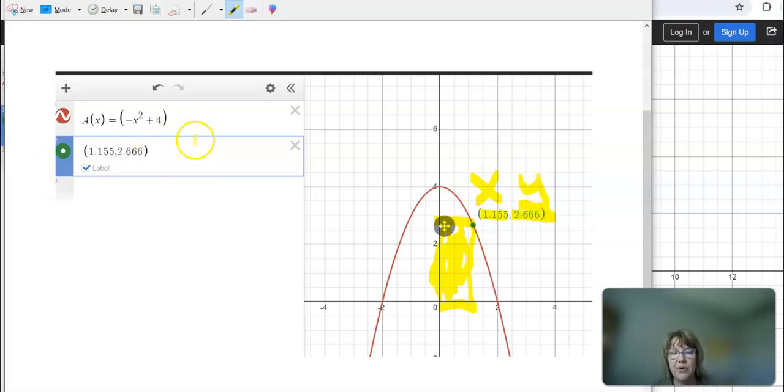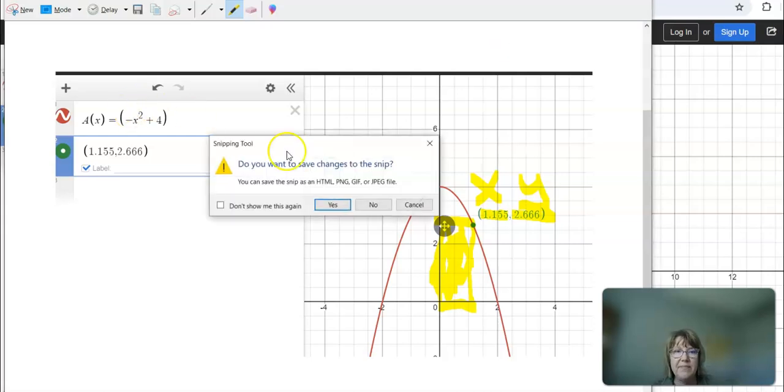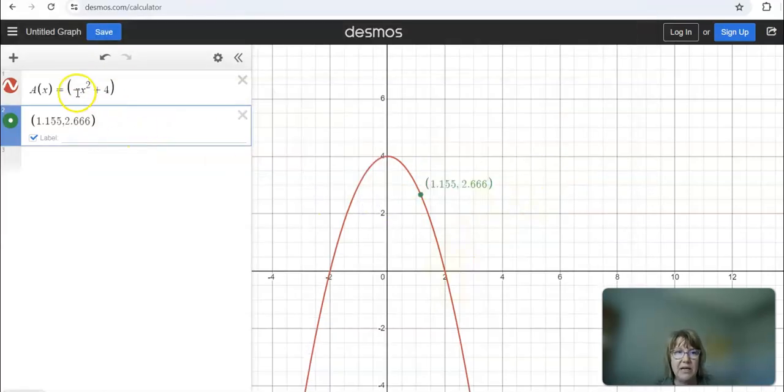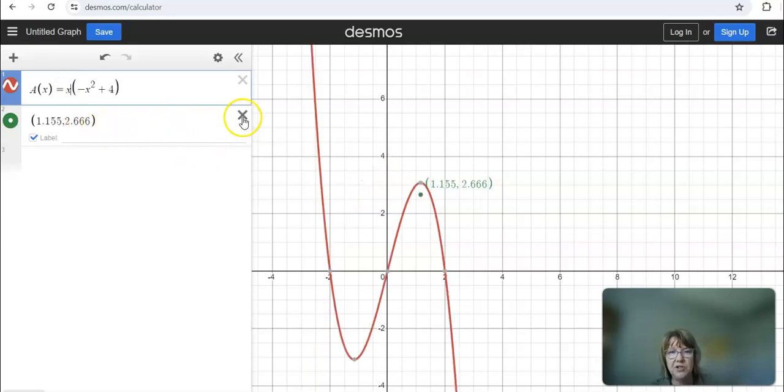That's what is on the parabola. But the second function is what's telling me the area. So if you take length times width, what is the maximum area you can get? And if I put an X in here, that is the area. Now you're probably thinking, but that point's not on it. That's because this point's input is your width, output is your area.